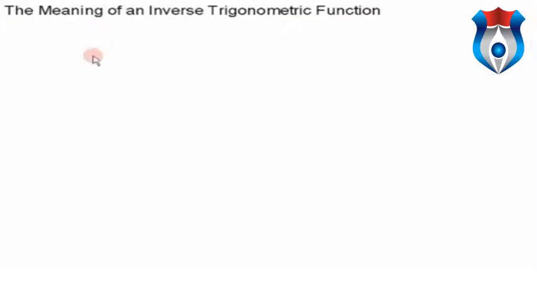Okay, so let's talk about the meaning of an inverse trigonometric function. Let's first consider the usual sine function, and then compare it to its inverse function, sine inverse of x. The idea here is that this x in the sine function is an angle. You take the sine of an angle, right?